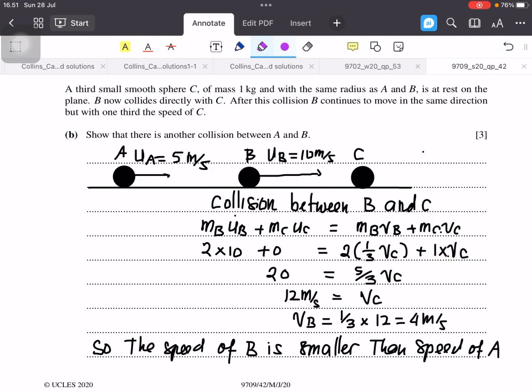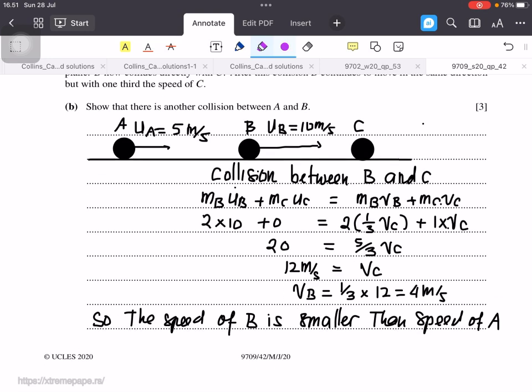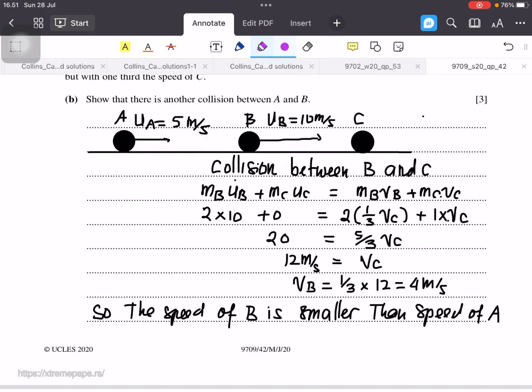The mass of C is 1 kg. So VC is equal to 12 meter per second, while VB is 1/3 that of the speed of C. So VB is equal to 4 meter per second.